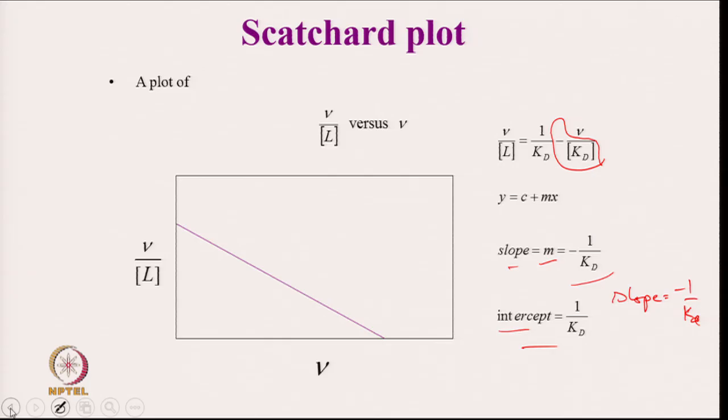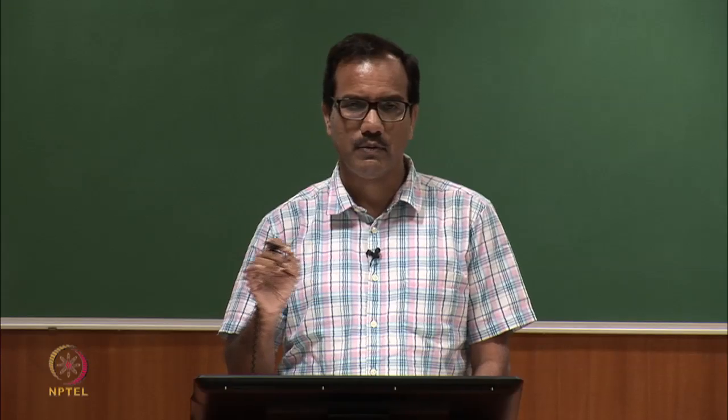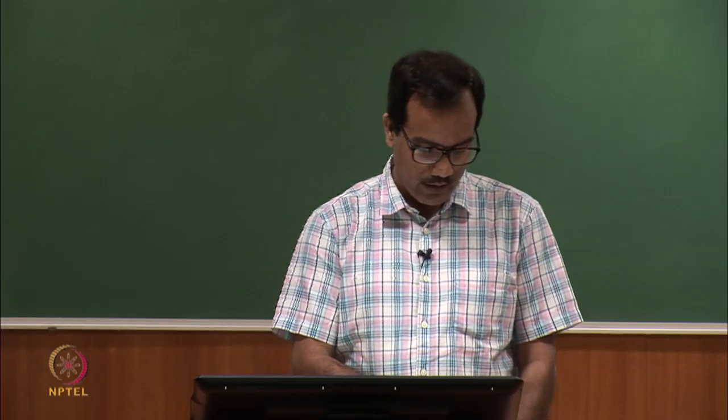So, if you look back, what we did, we plotted nu by L versus nu. So, one thing we need to know is the nu value, and now what I will show is how to get the value of nu from the spectroscopic signal, for example, from fluorescence.